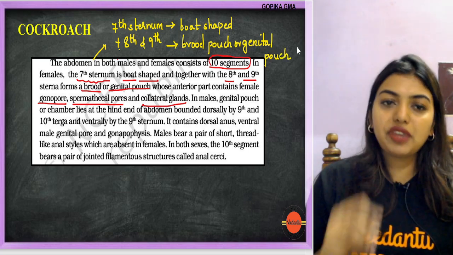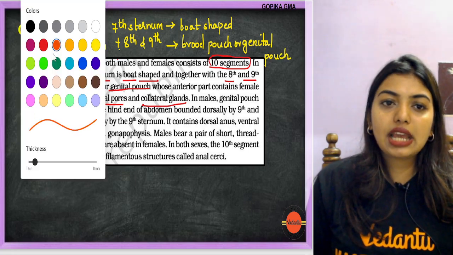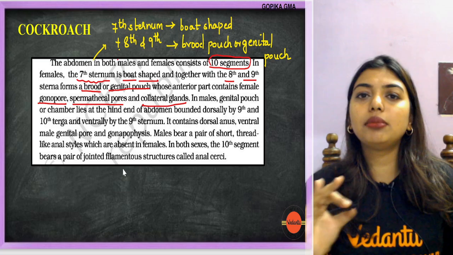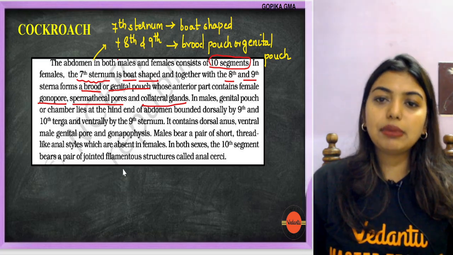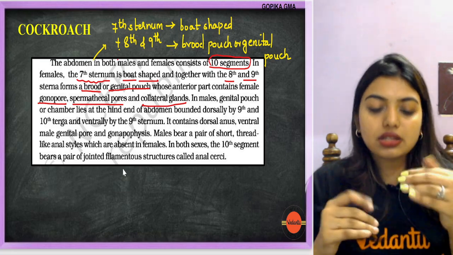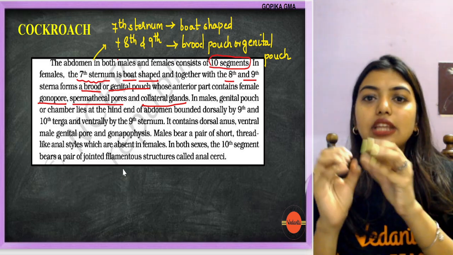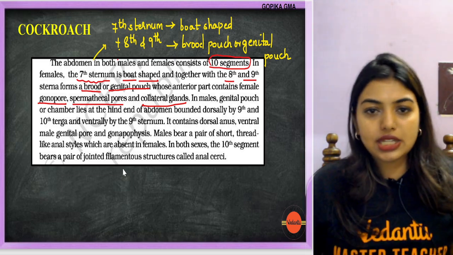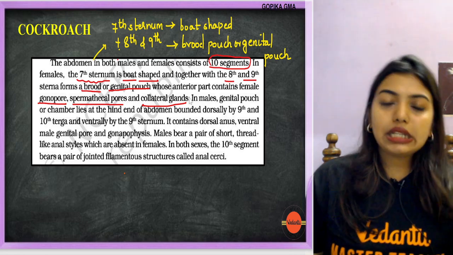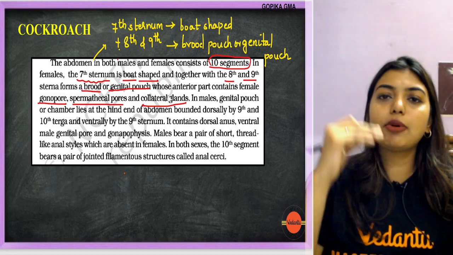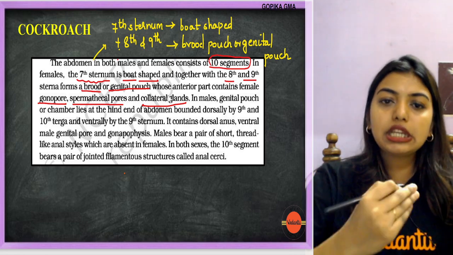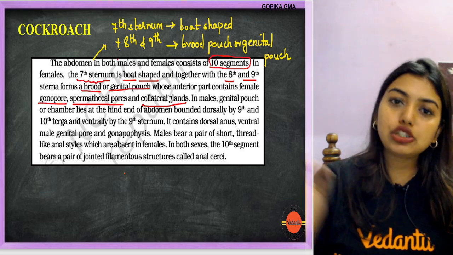This is in females. Very important. They have 10 segments in the abdomen, both in males and females, and of these, the 7th sternum is boat shaped, and the 7th plus 8th and 9th together form the brood pouch or the genital pouch. Now the anterior part of this genital pouch, you will see gonophore, spermathecal pores and collateral gland, which I will teach you during reproduction.